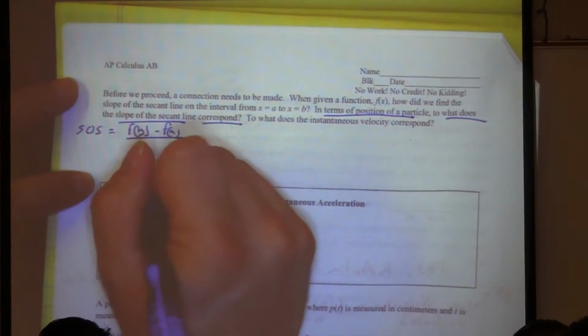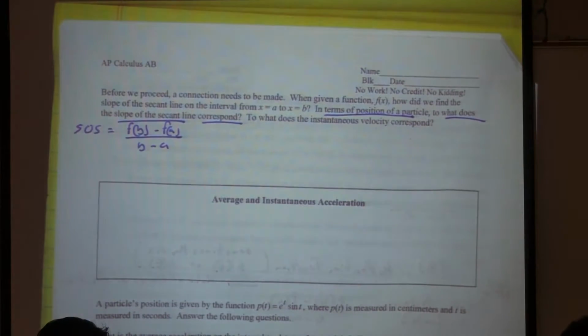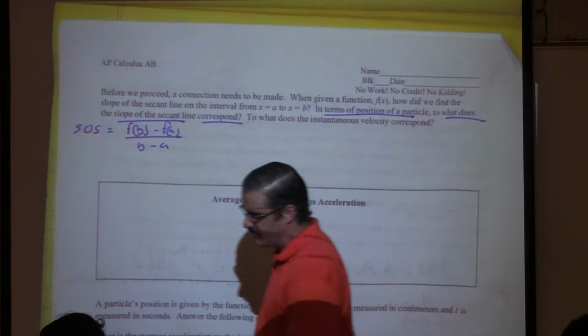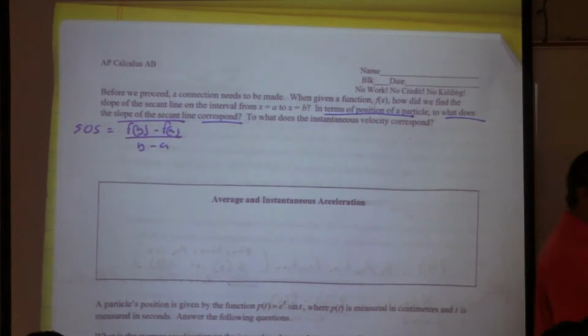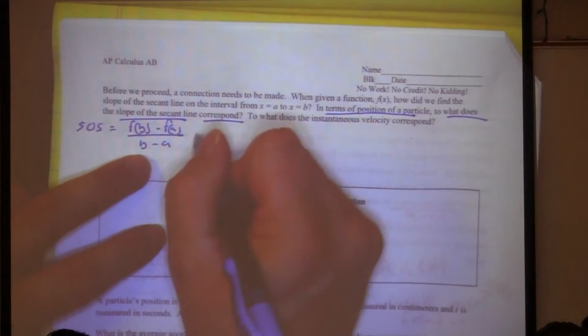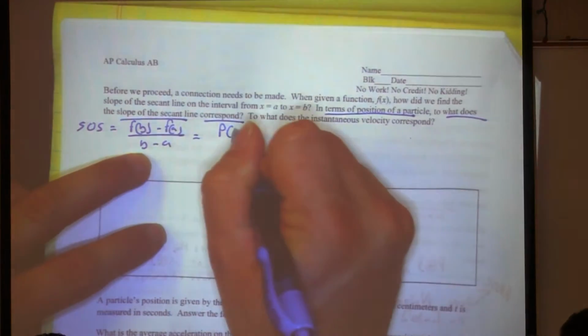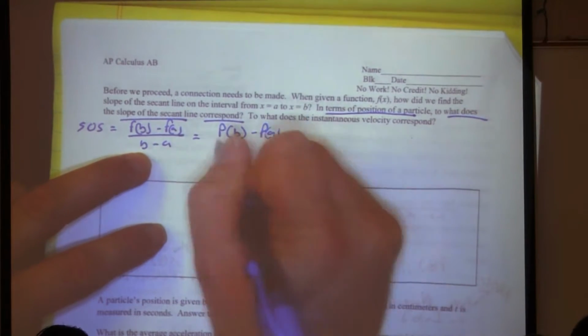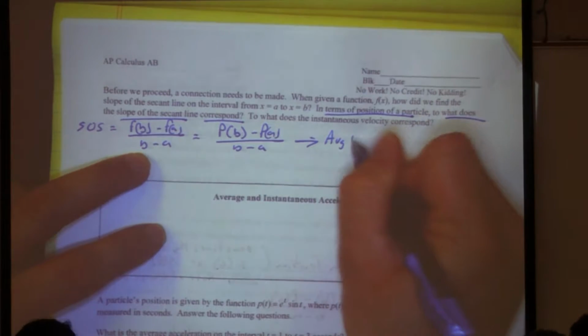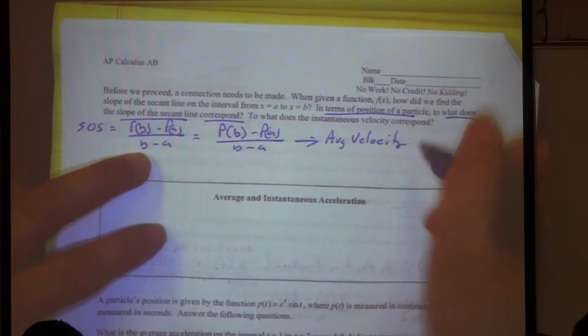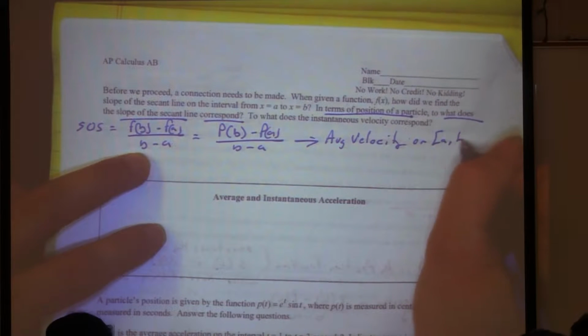F of B minus F of A over B minus A, right, we did that like 2 or 3 days ago. What does that correspond to regarding the position of the particle? The average velocity, right? So this would be the same thing as P of B minus P of A over B minus A, which we said was just the average velocity on the closed interval from A to B.